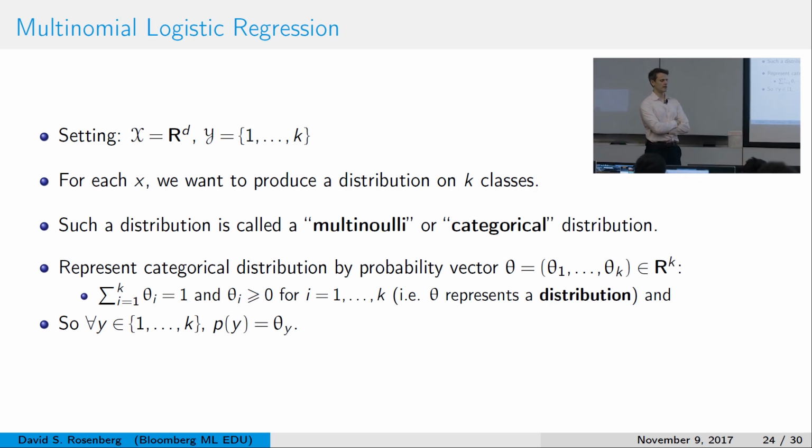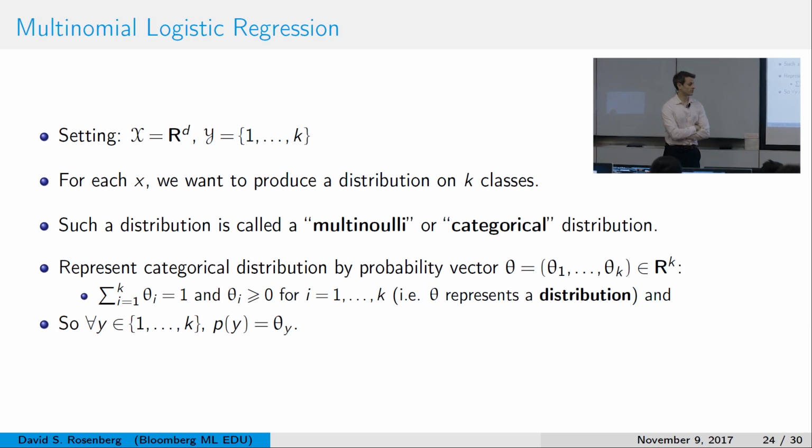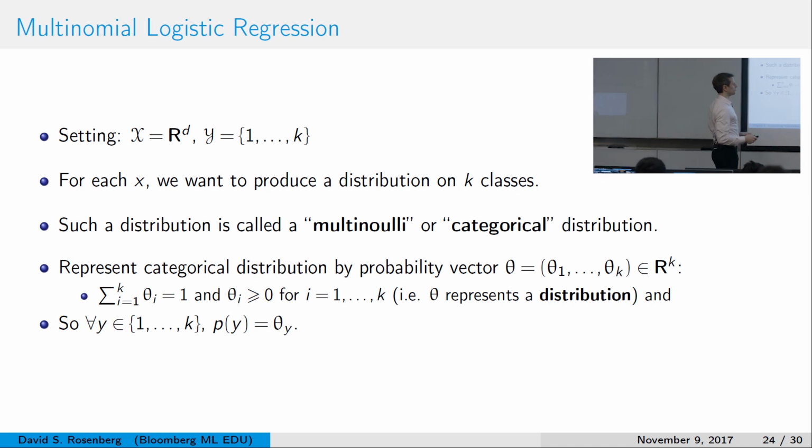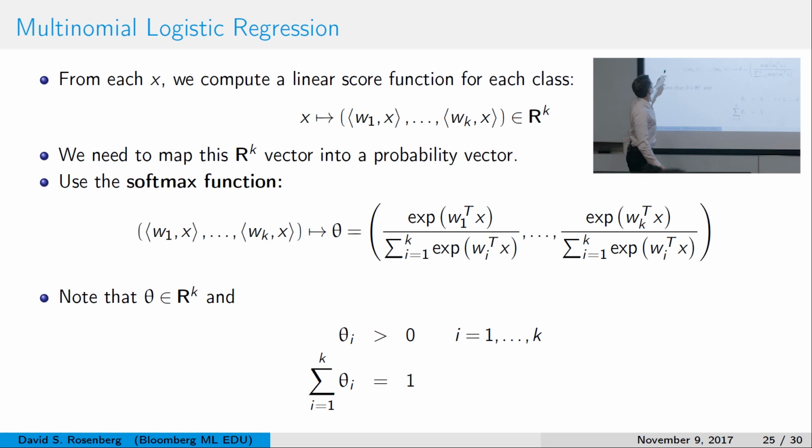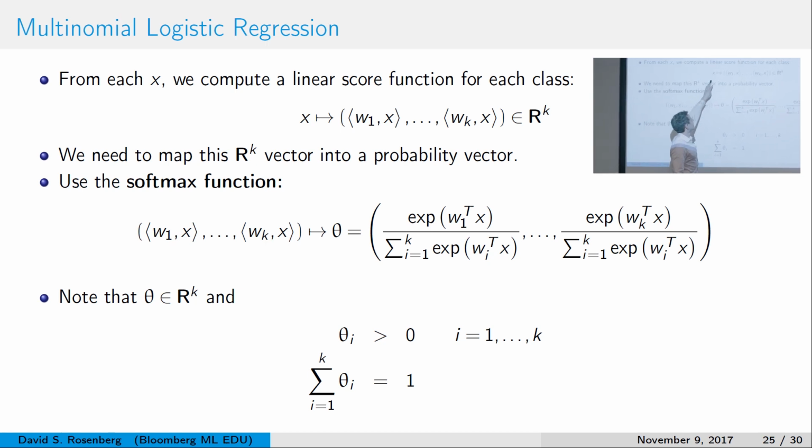So rather than looking for a single w, you could think of it as looking for k w's, 1 w for each of these thetas. So that's what I've written here. x maps to these k inner products. Each of these w's is a vector itself. Don't be confused. This is not an entry of a vector w.